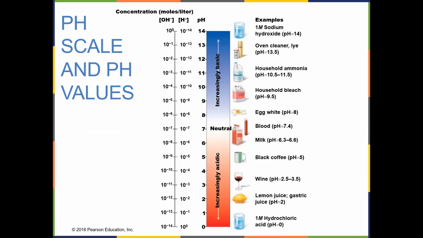Our cells don't survive if our pH gets too high or too low. If we get above 7.45, our cells start breaking down. If we get below 7.35, our cells start breaking down. We don't like that to happen. Our cells are always releasing carbon dioxide.